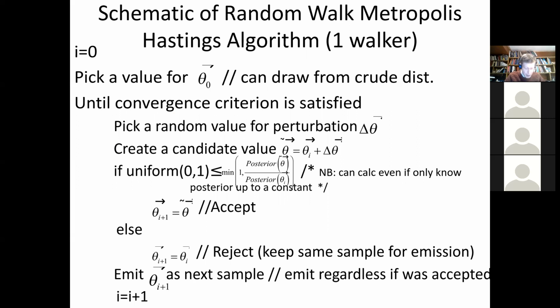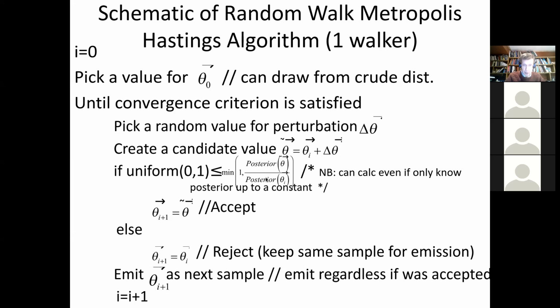If that ratio is 1 or more, we're definitely going to the candidate. Otherwise, we draw a random number between 0 and 1 and see whether we are less than that. If so, we'll accept, otherwise we'll reject.